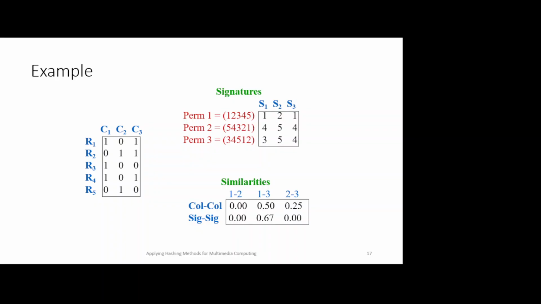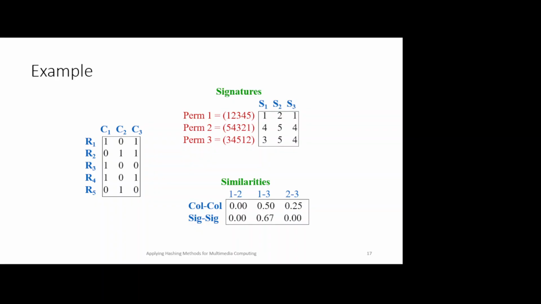So you just follow 1, 2, 3, 4, 5 to check where the first 1 appears in the document. For document 1, please check the first column. We check the order from row 1, row 2, following this order. You can see the first one appears at R1, so the min hash value here is 1.